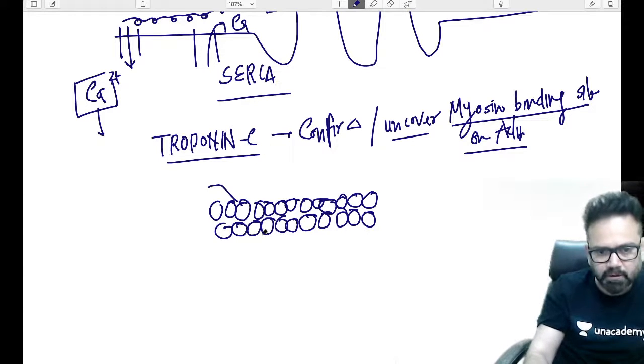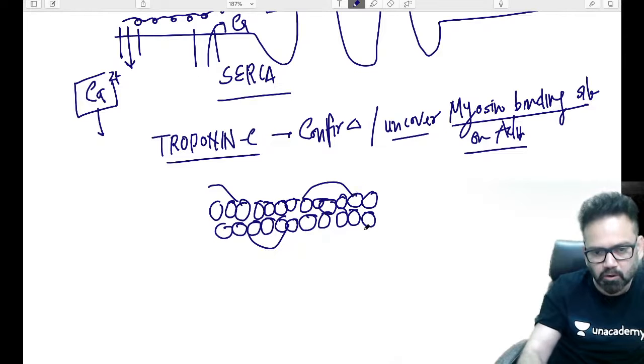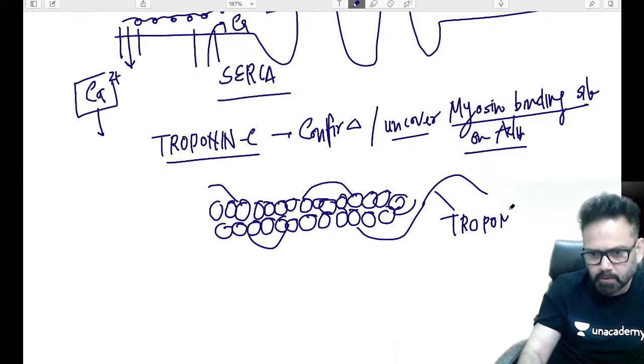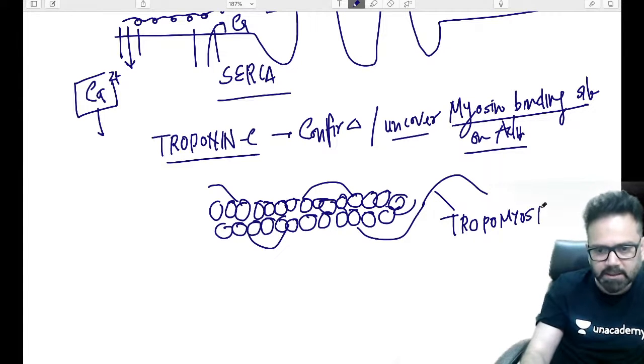Okay, and the protein which wraps around this actin filament, what is this protein called? It is called tropomyosin. And this tropomyosin has attached troponin.